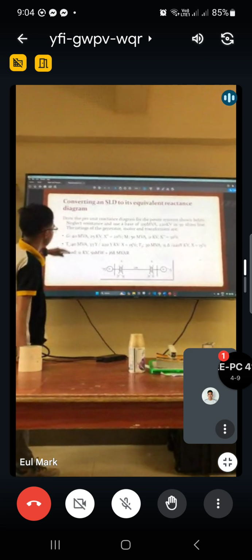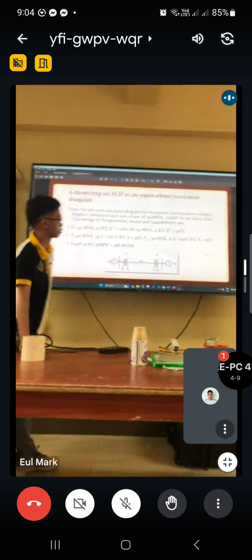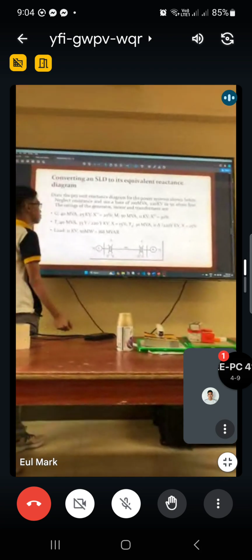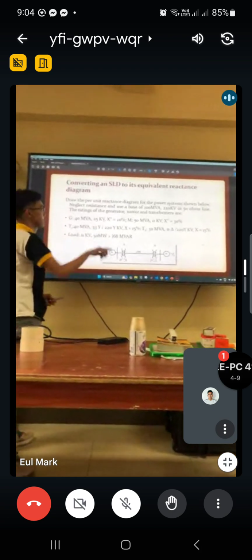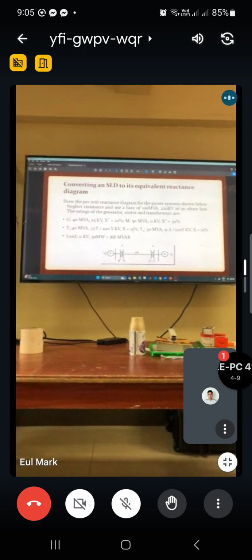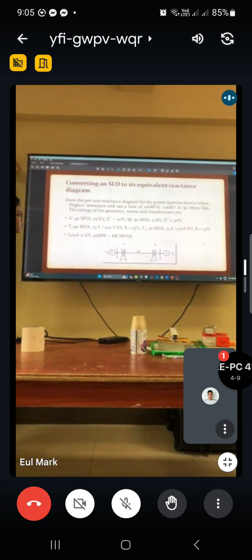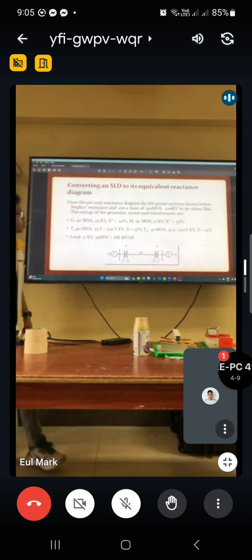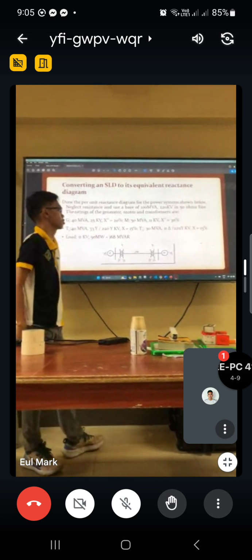Okay. Let's have an example. Draw the per unit reactance diagram for the power system shown below. Neglect resistance. Use a base of 100 MVA, 230 kV, 50 ohms.